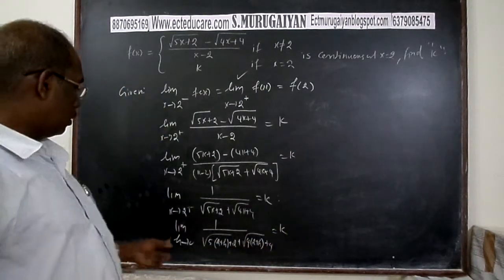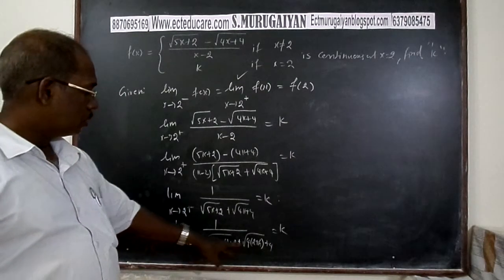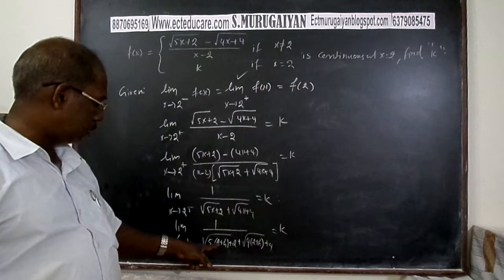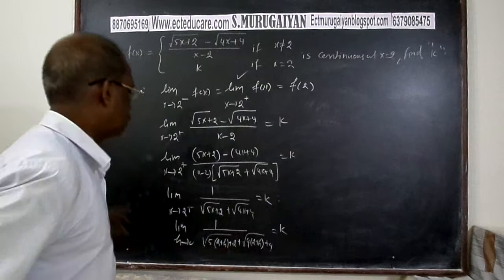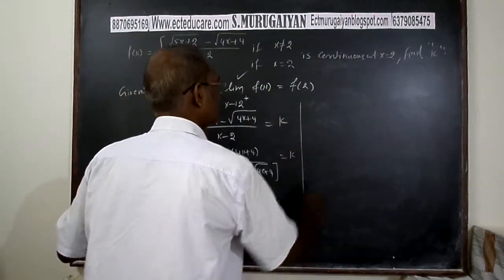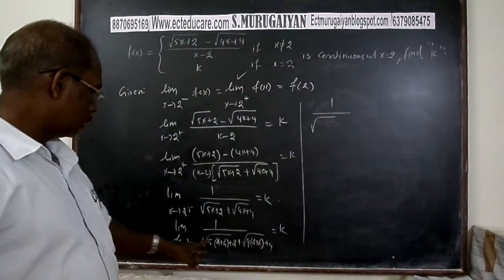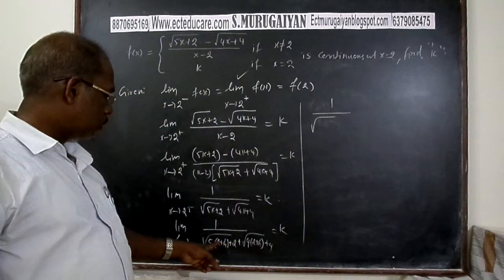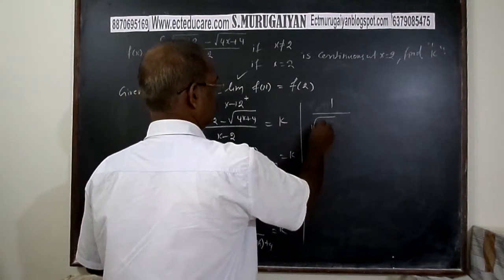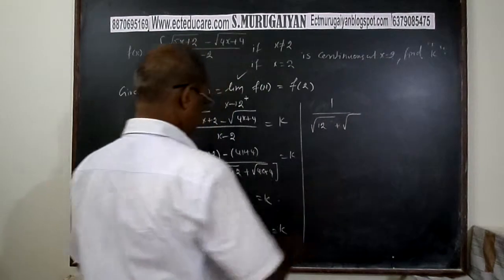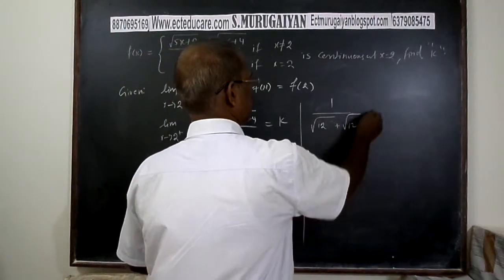Now we can take the limit straight away. Just take the h value as 0, then 5 into 2 is 10, and 10 plus 2 is 12. Then 1 by root of 12, plus root of, h is 0, 4 into 2 is 8, 8 plus 4 is 12, is equal to k.